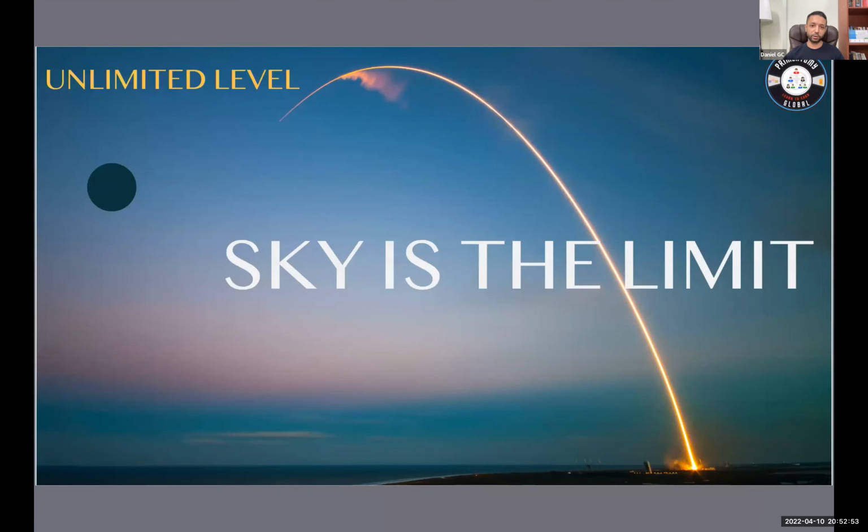In ATOMY, not only is it a binary system, but there are unlimited levels, right? So in ATOMY, we can add as many people under us as we would like. There is really no limit.